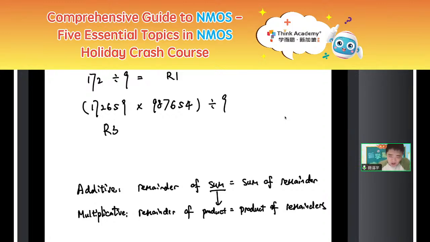Does it have a remainder 1? No, it's not remainder 1. It's remainder 3. Okay. This is remainder 3. When divided by 9, it should be remainder 3, right? Okay, yes, remainder 3.